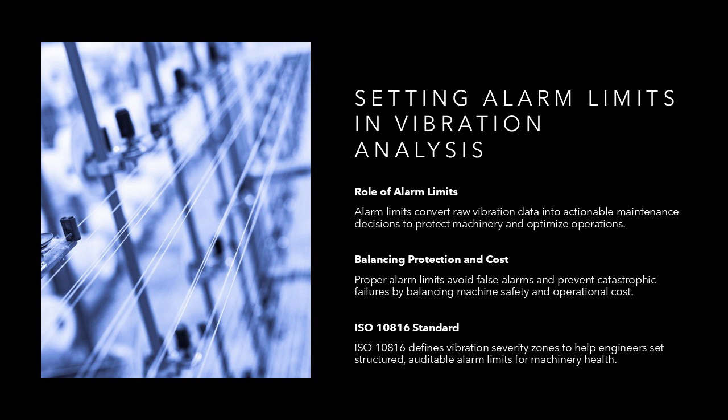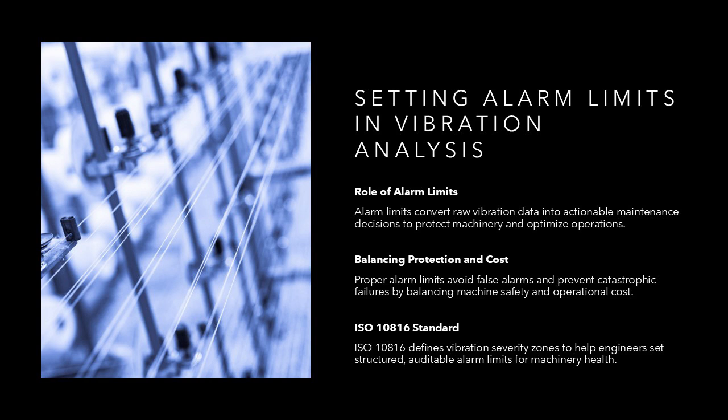Vibration monitoring is one of the most widely used techniques for assessing the health of rotating machinery such as motors, pumps, compressors, and turbines. Alarm limits serve as quantitative thresholds that transform raw vibration measurements into meaningful maintenance actions. Without properly defined alarm limits, vibration data alone does not provide sufficient guidance for decision-making.